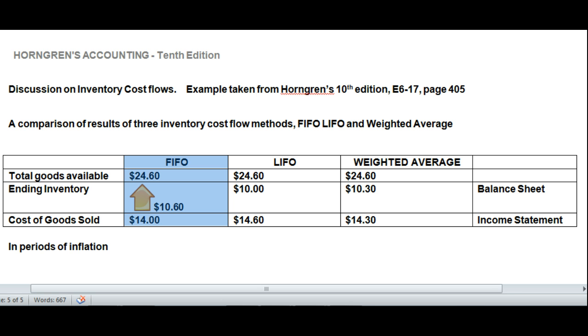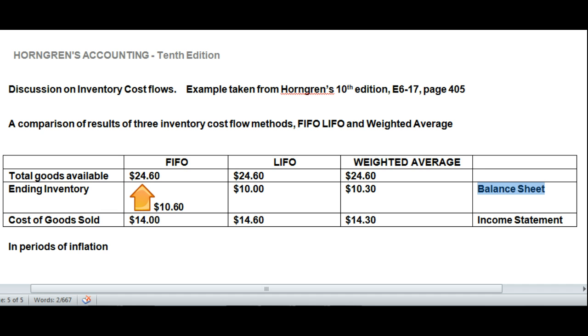Since you're in a period of inflation, the more expensive items are remaining in your inventory account, and so when you look at your balance sheet, ending inventory is going to be greater under FIFO than LIFO or weighted average. LIFO will be the least, and weighted average will be something in between.